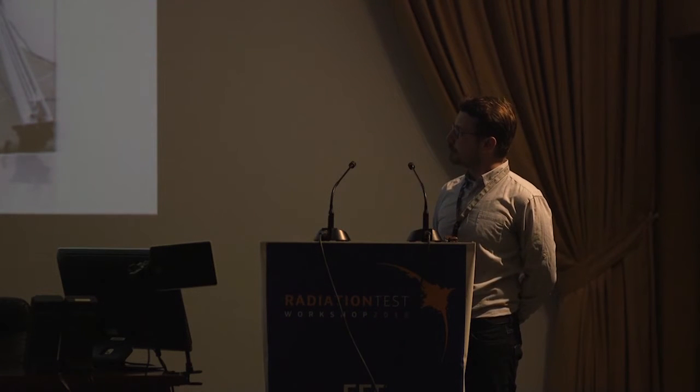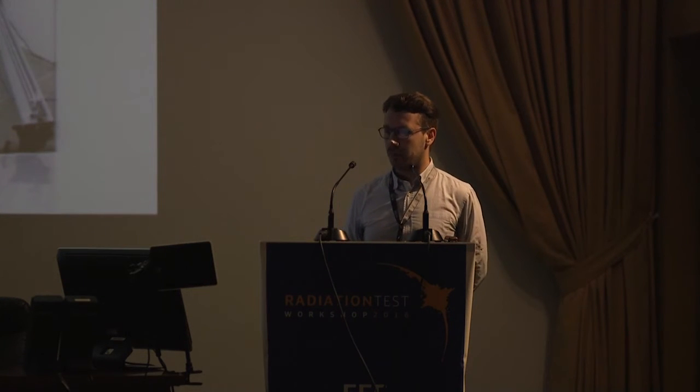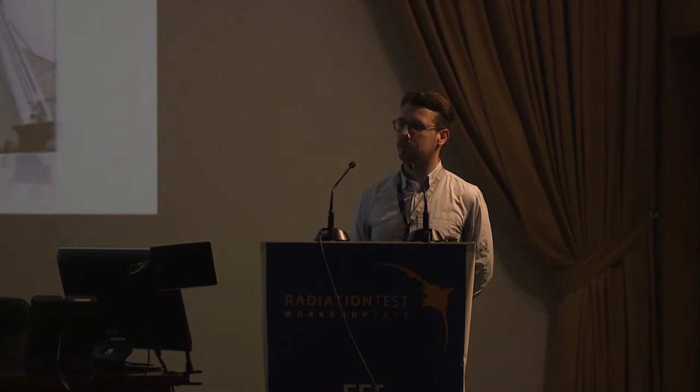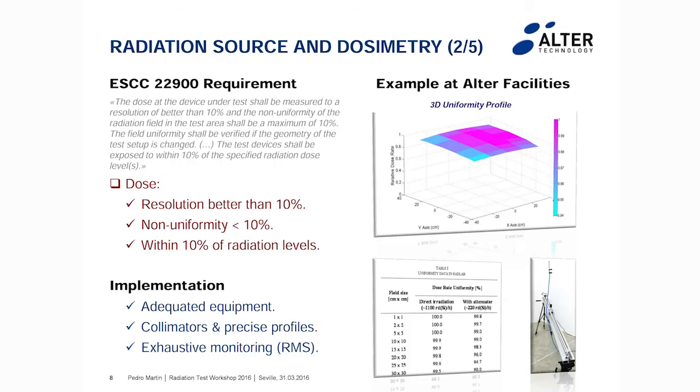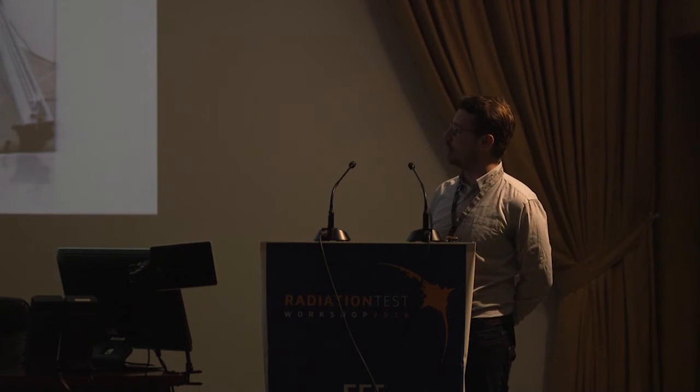And this is very important because you are irradiating a lot of 11 test samples, for example, and you need to guarantee that the same dose is achieved for all of them. In our case, thanks to the collimator inside of the irradiator, we can guarantee a uniformity that is more than 99% in some cases, depending on the field size, of course.